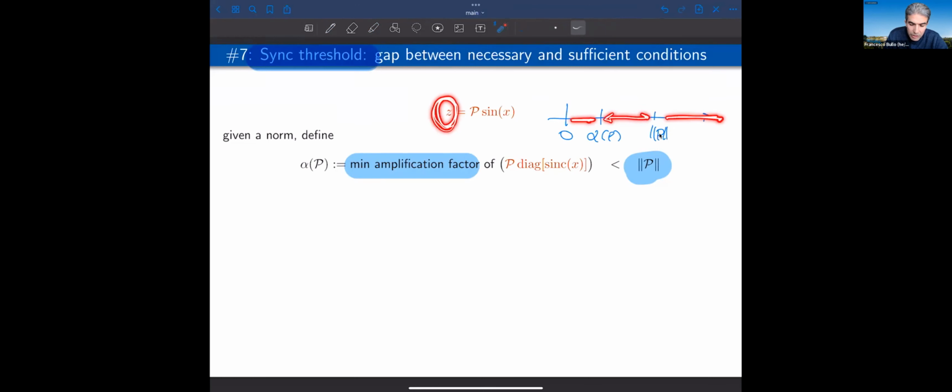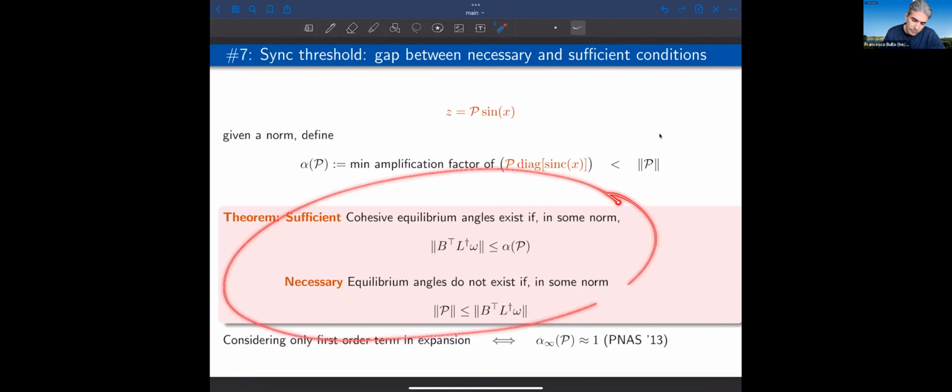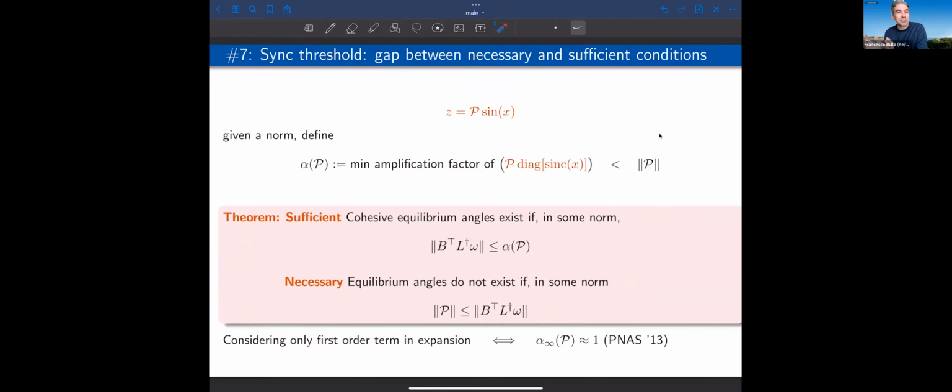And unfortunately, in the literature, there remains a gap in understanding the necessary and sufficient conditions for synchronization. You can obtain that exact value through the series expansion I showed you, but other than that, these are necessary and sufficient conditions. But there are necessary conditions and sufficient conditions, not both properties at the same time.